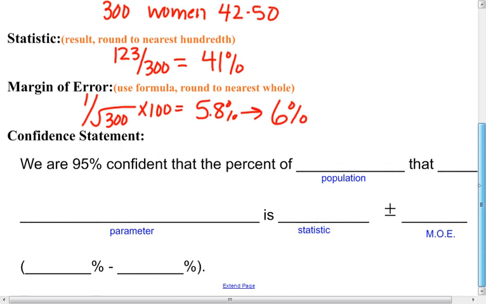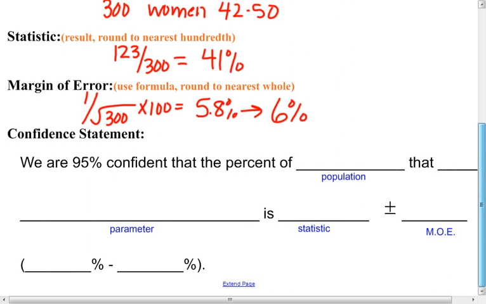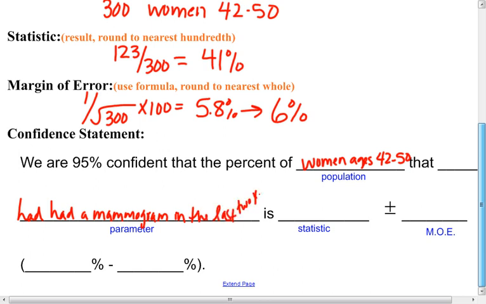Okay, and then here's the little formula you use for confidence statements. You're always in this class going to start out with, we are 95% confident that the percent of, and now tell me who you're talking about. Again, in this case, it's women, ages 42 to 50, that, in this case, had had a mammogram in the last 2 years, is, and then you're going to give me the statistic.